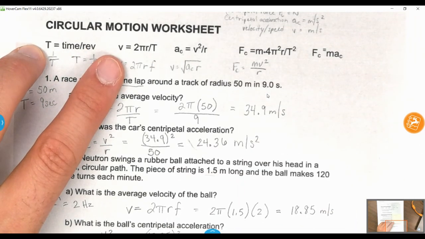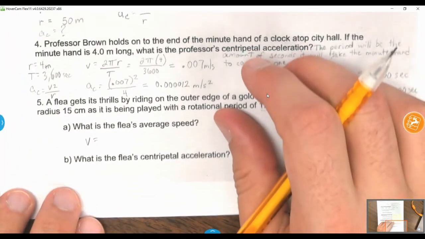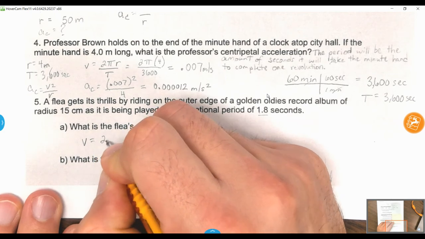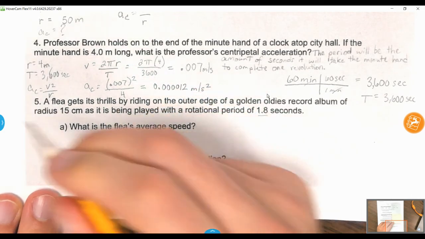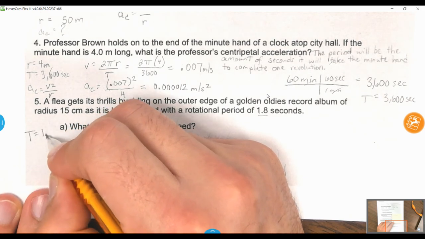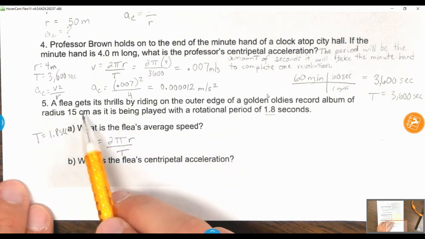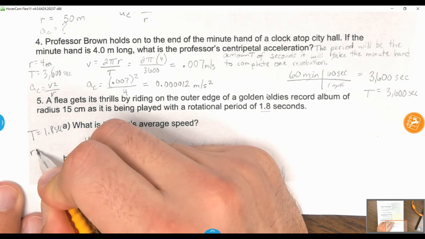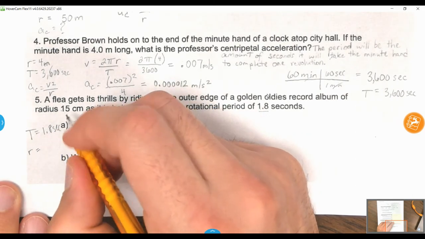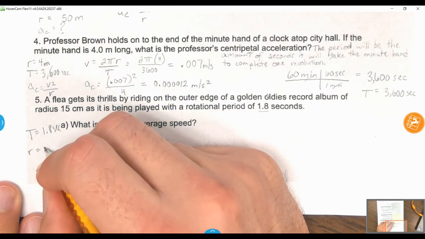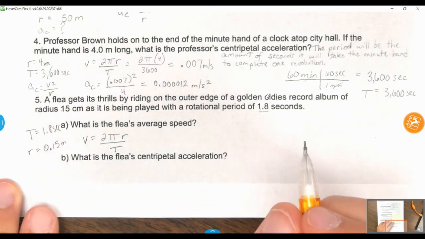They told us that we have a period of 1.8 seconds, so I'm going to use that equation up top. V is going to equal 2 pi r over T. Period was 1.8 seconds. But radius here is in centimeters. We need it to be in meters. So divide that by 100, and you're going to get 0.15 meters as my radius.